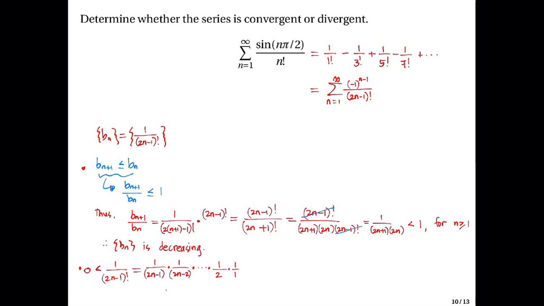Okay? Pero itong mga to, it's less than 1. Lahat ng nasa gilid na to, or sa factors na nandito, everything is less than 1. Which means that this whole guy here, it's less than 1 over 2n minus 1.